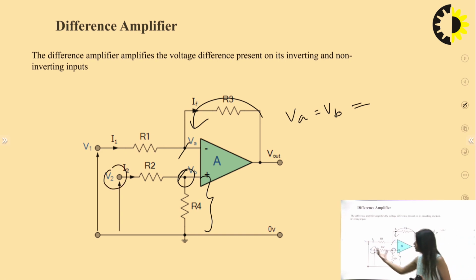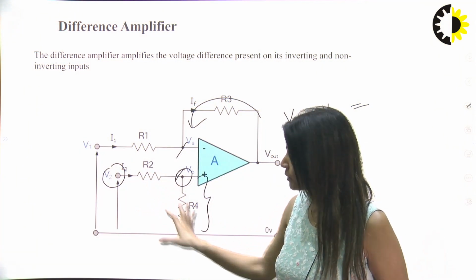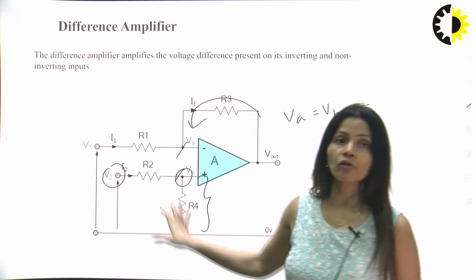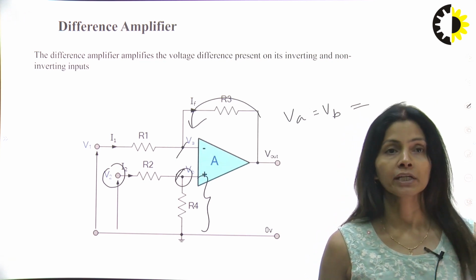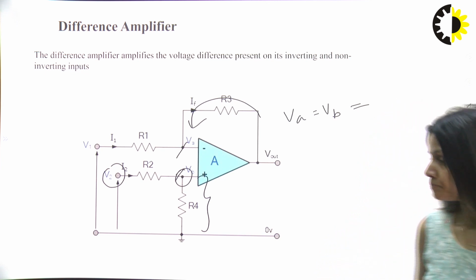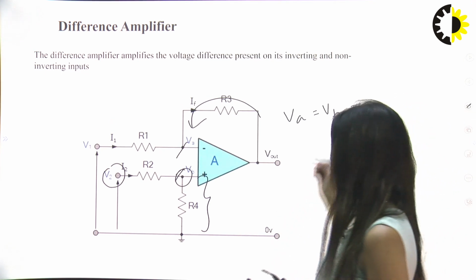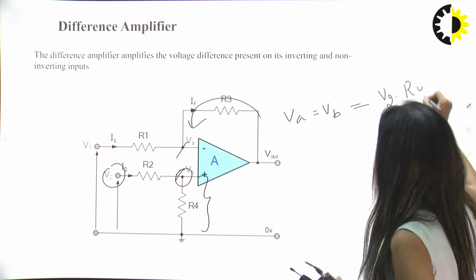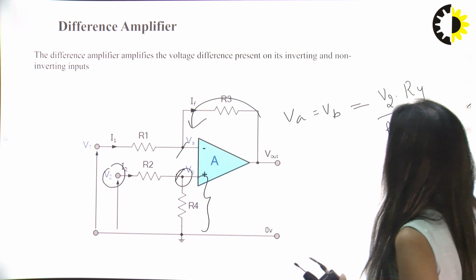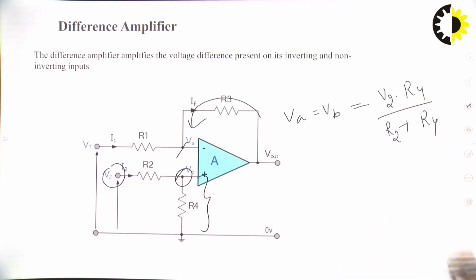This voltage V2 is distributed across this resistance R2 and this resistance R4. So the voltage V2 can be divided in respect of these two resistance ratios, and that is known as the voltage divider rule. Here VB can be calculated as V2 times R4 upon R2 plus R4.